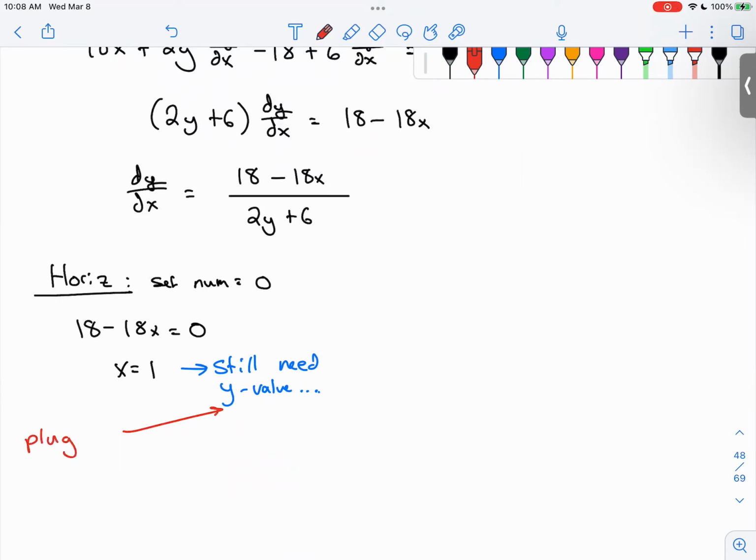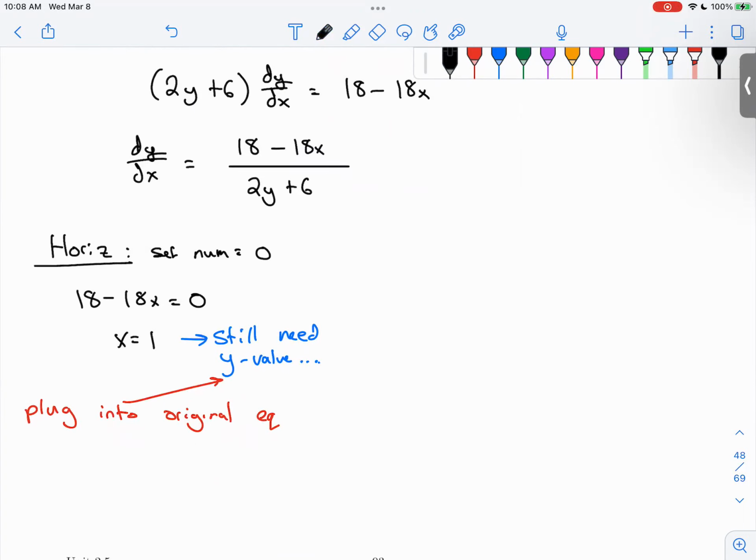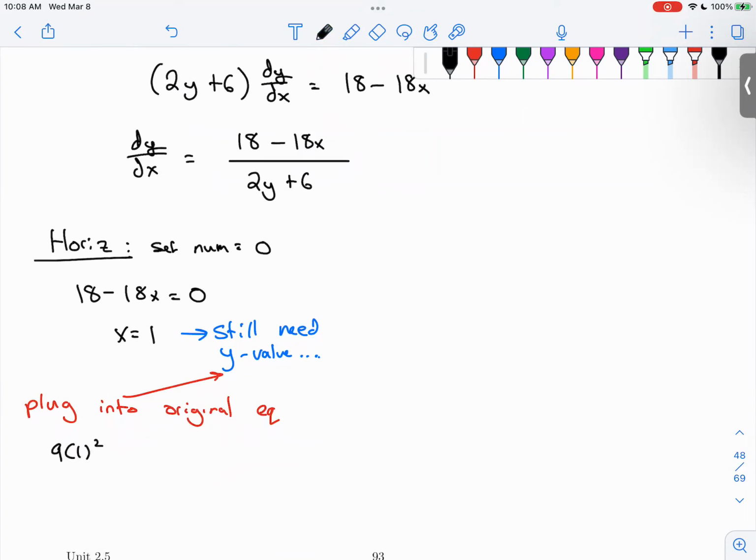So plug into the original equation. So x is equal to 1, so it's 9 times 1 squared plus y squared minus 18 times 1 plus 6y plus 9 is equal to 0. Let's see here. You get 9 plus y squared minus 18, and the 9 plus 9 cancels.